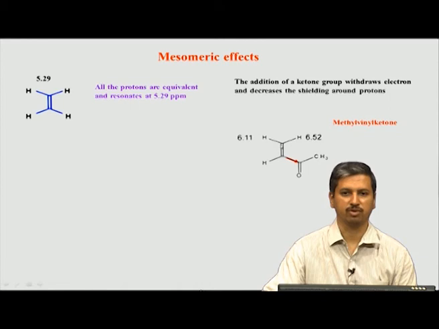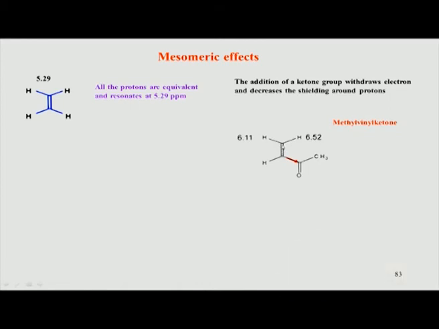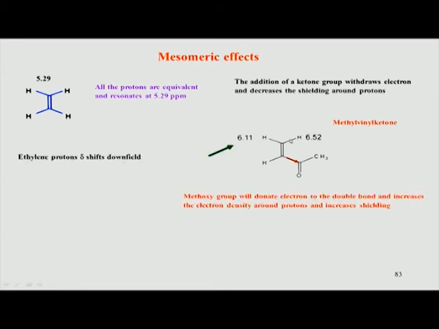This is similar to what we saw in the previous slide; it is a resonance effect. Because of the positive charge here, these two hydrogens lose electron density, as it is all being withdrawn towards this oxygen. Because of this loss of electron density, they go downfield shifted, meaning a higher ppm value, and that is how it can be explained.